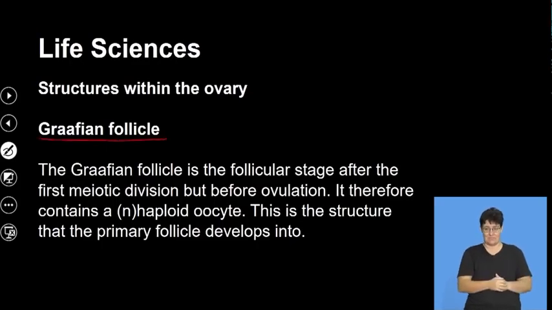Let's look at the graafian follicle as I've mentioned. The graafian follicle is the follicular stage at the end of the first meiotic division, but before ovulation can occur. It therefore contains what we call the haploid oocyte.